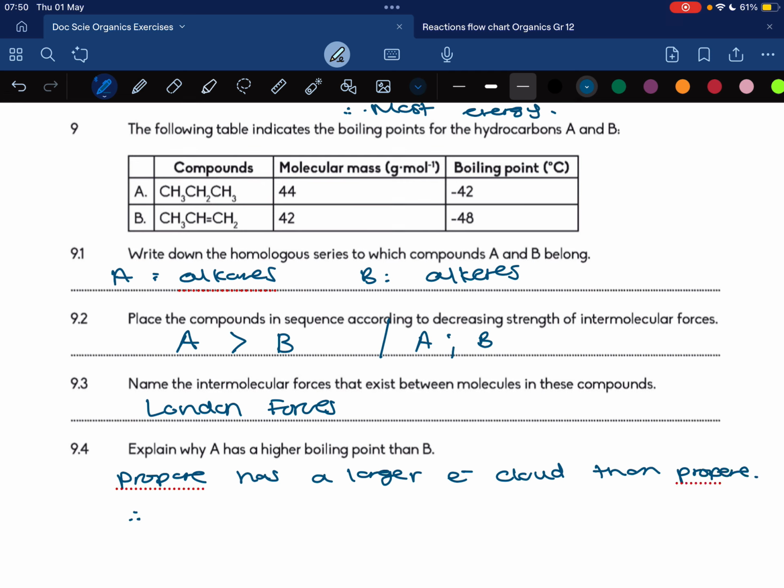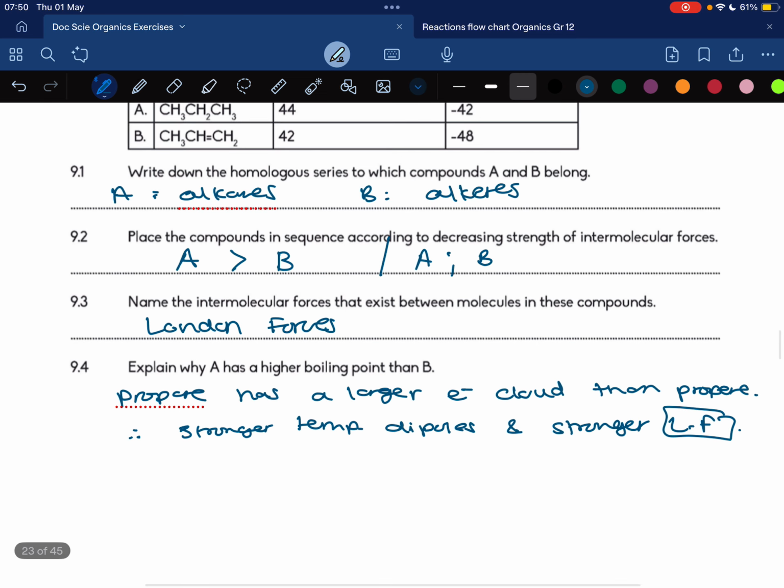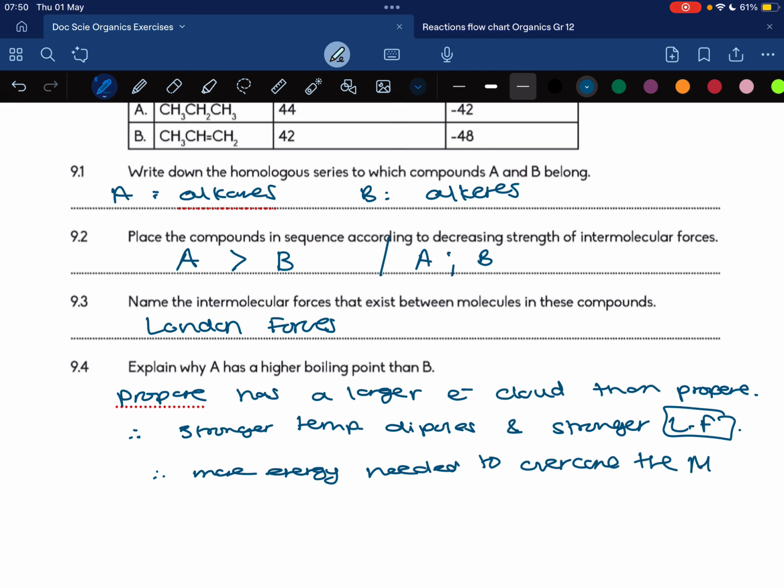So therefore stronger temporary dipoles and stronger London forces. Therefore more energy needed to overcome the intermolecular forces. Therefore, propane has the higher boiling point.